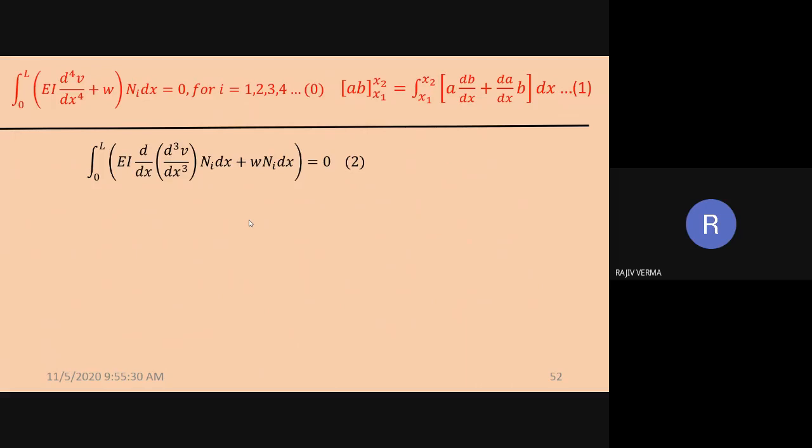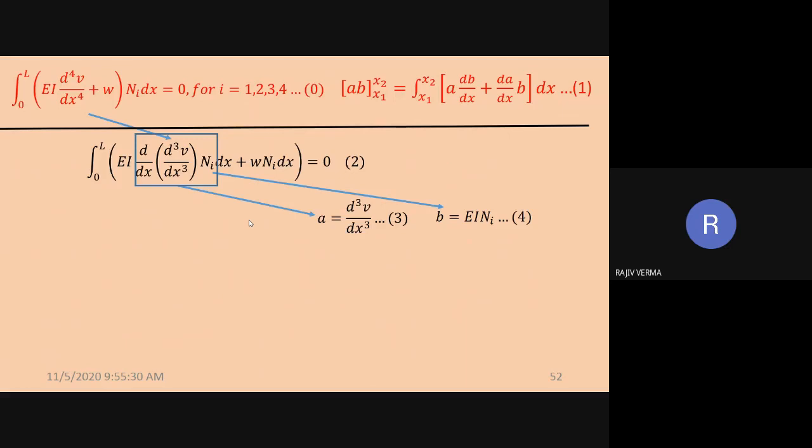If you compare equation number 0 and equation number 2, you find that the fourth differential of v has been split into two terms, and then you can compare to find that a can be written as the cubic differential and b can be represented as EI into N_i. This is equation number 3 and equation number 4.